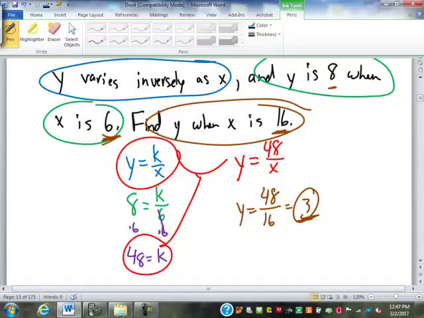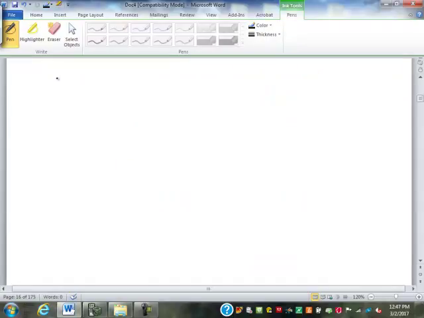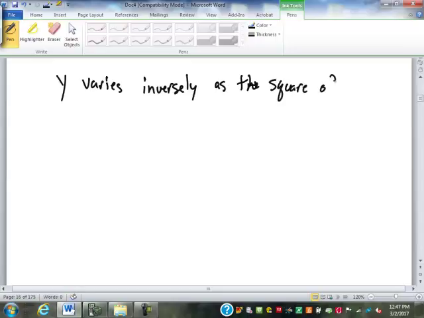You could run into y varies inversely as the square of x, and y is 8 when x is 3.